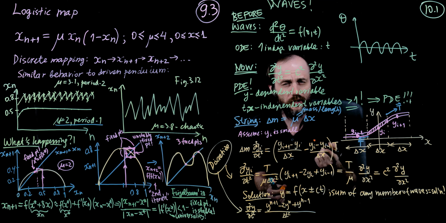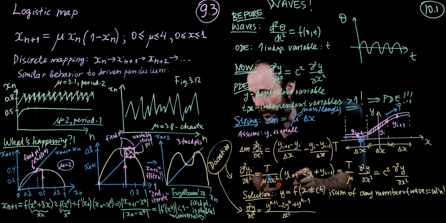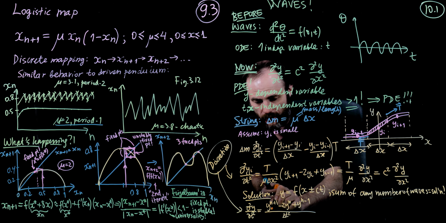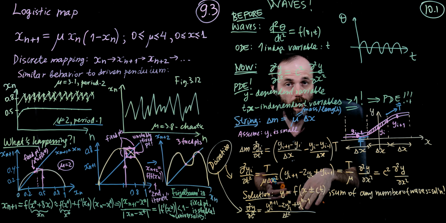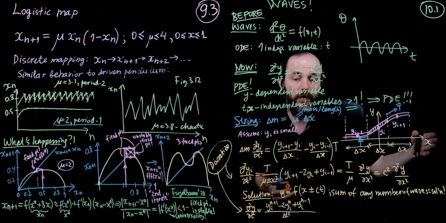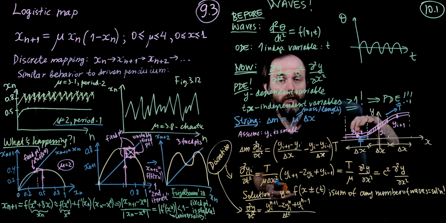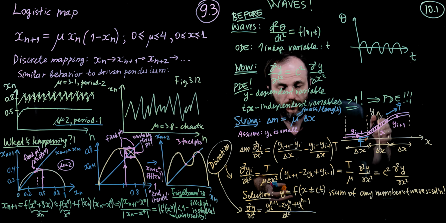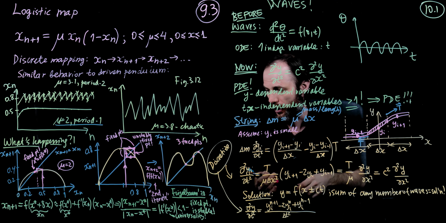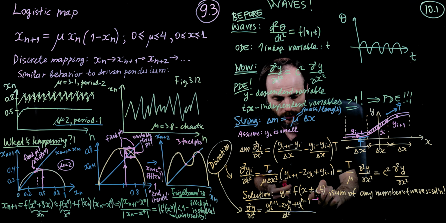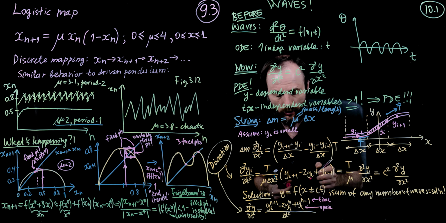And let's get our notation straight. We are going to put in i indices at the bottom to denote the spatial position, and we're going to put the n indices at the top to denote the temporal position. So this is time, and that is space. Okay?